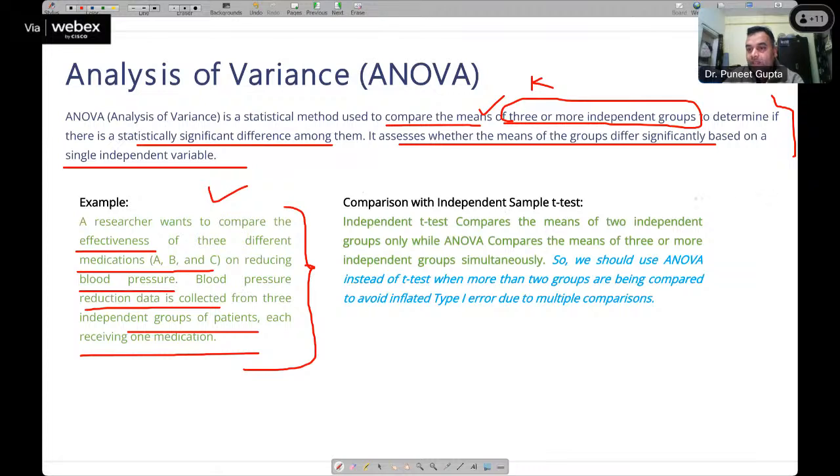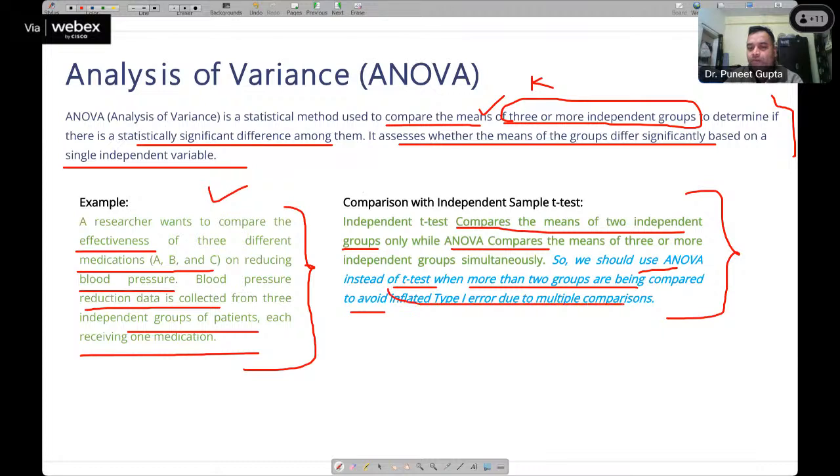I have separately written how it is different from the independent sample t-test. The independent sample t-test compares the means of 2 independent groups, while ANOVA compares the means of 3 or more groups, K independent groups. So we should use ANOVA instead of the t-test when more than 2 groups are being compared, to avoid inflated error. You can leave the internal details aside, but the concept is that we want to compare more than 2 groups.